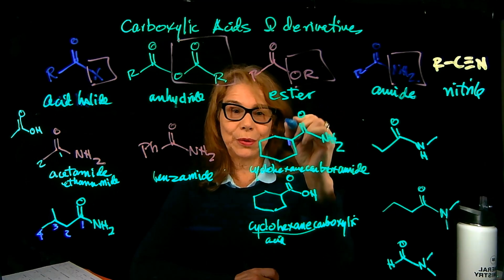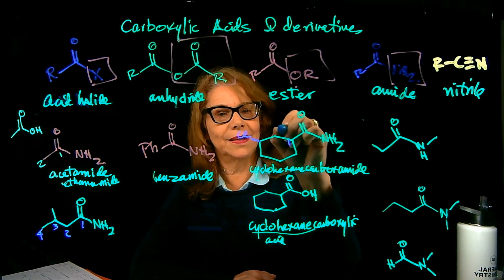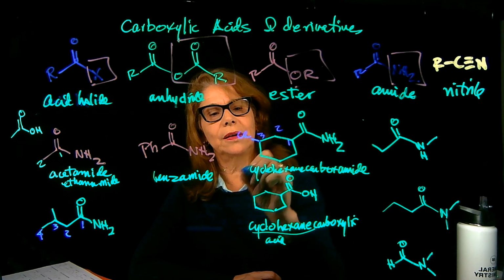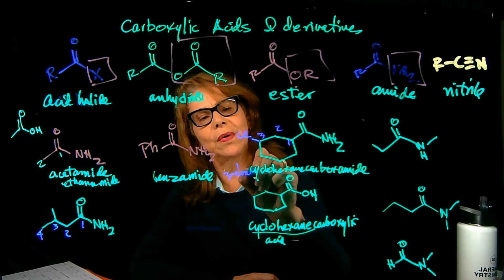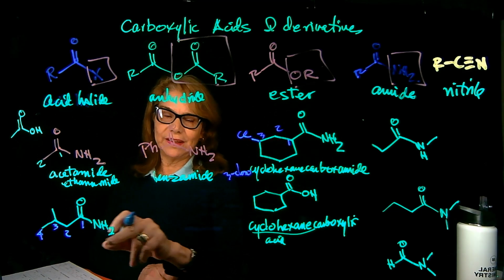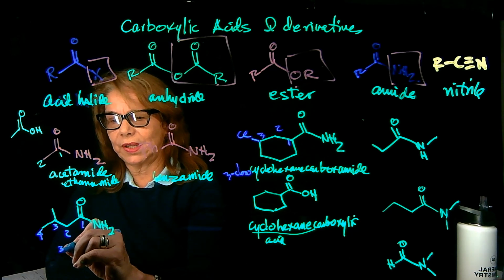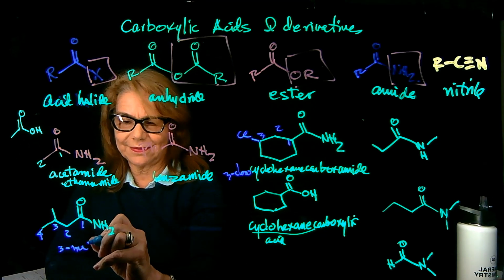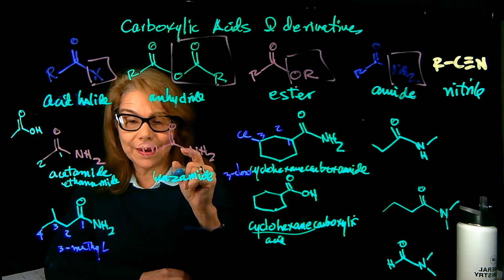And for example, if I had a chlorine here, then this would be 3-chloro, cyclohexane carboxamide. Now in this case, this is your carbon number 1, so this is 3-methyl, and then 4 carbons, so butanamide.